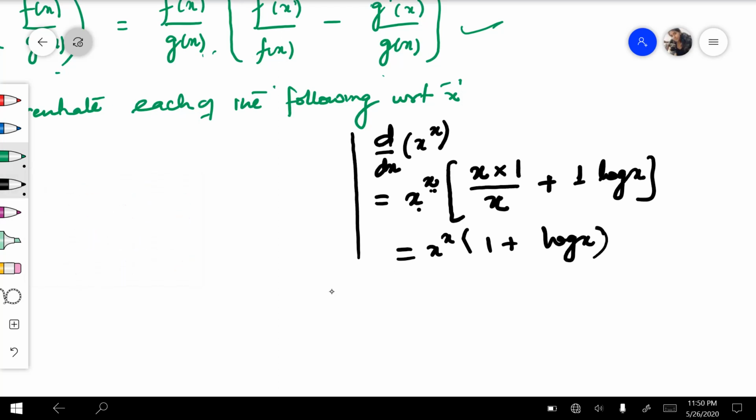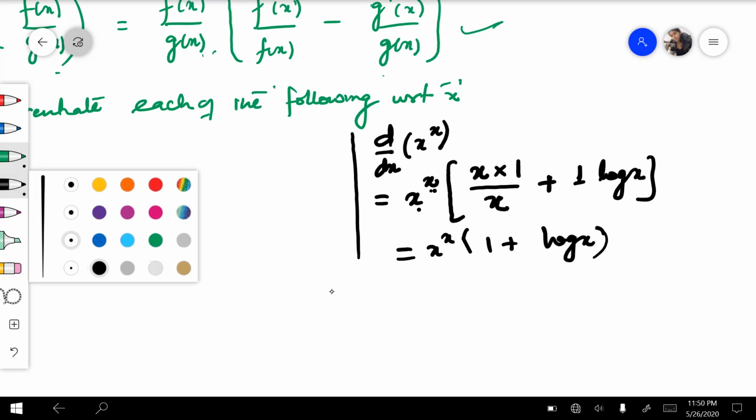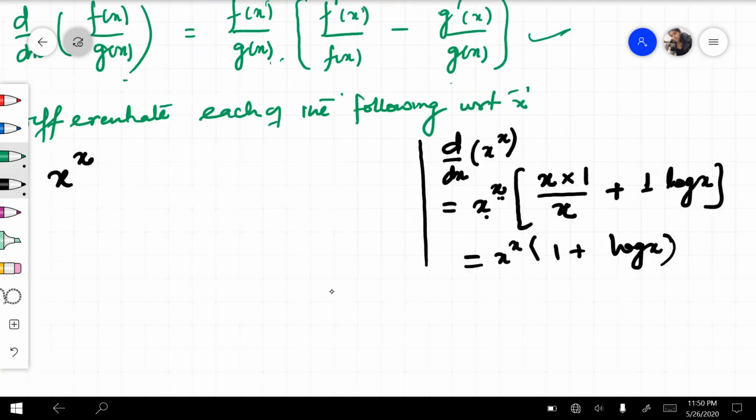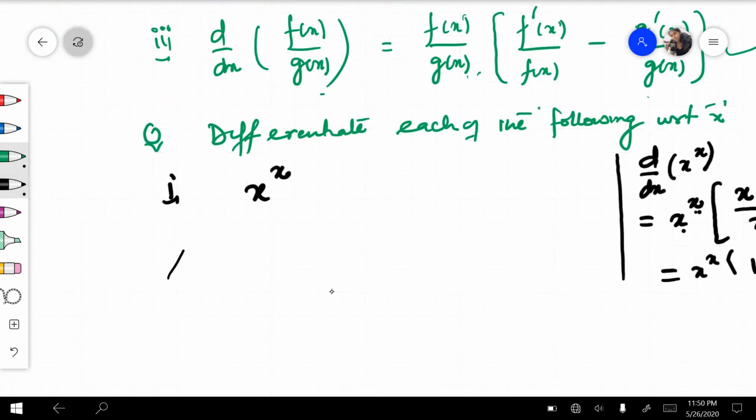चलिए देखते हैं हमारे पास ऐसा सॉल्यूशन आता है या नहीं. तो सॉल्यूशन, let y is equal to x raised to power x.